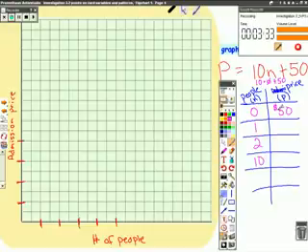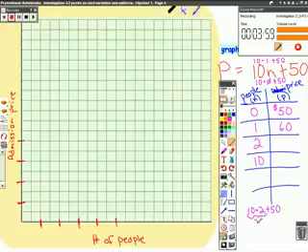If one person shows up, then that's going to be, oh man, look at this, I'm running out of room. 10 times 1 plus 50, which is 10 plus 50, which is 60. 2 people show up. 10 times 2 plus 50.